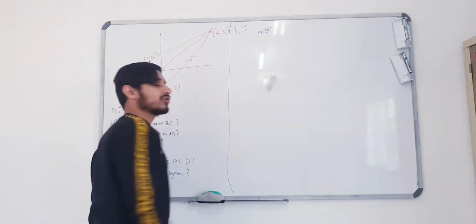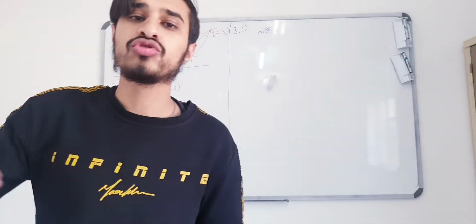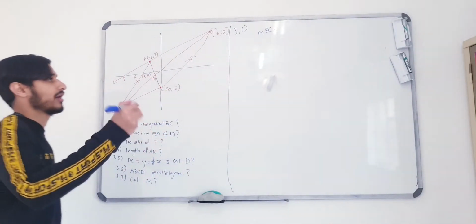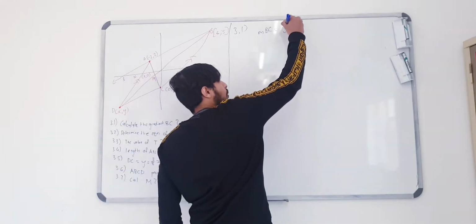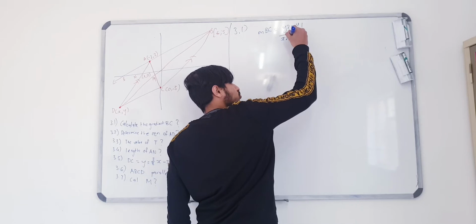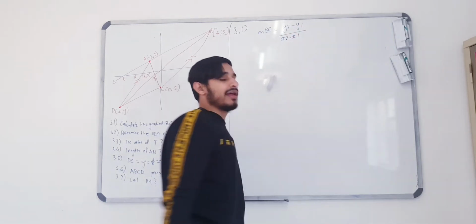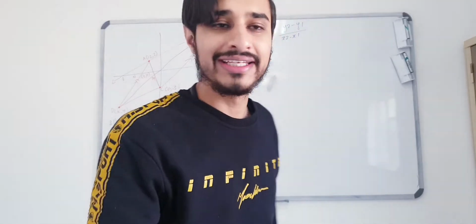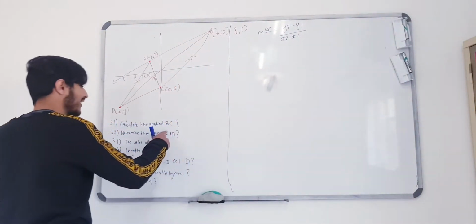The first thing that you need to do with analytical geometry is you need to always make sure that you write out the gradient formula. So you need to go what? y2 minus y1 all over x2 minus x1. Then you need to take out the coordinates that they want you to work out your gradient with. What are these coordinates?